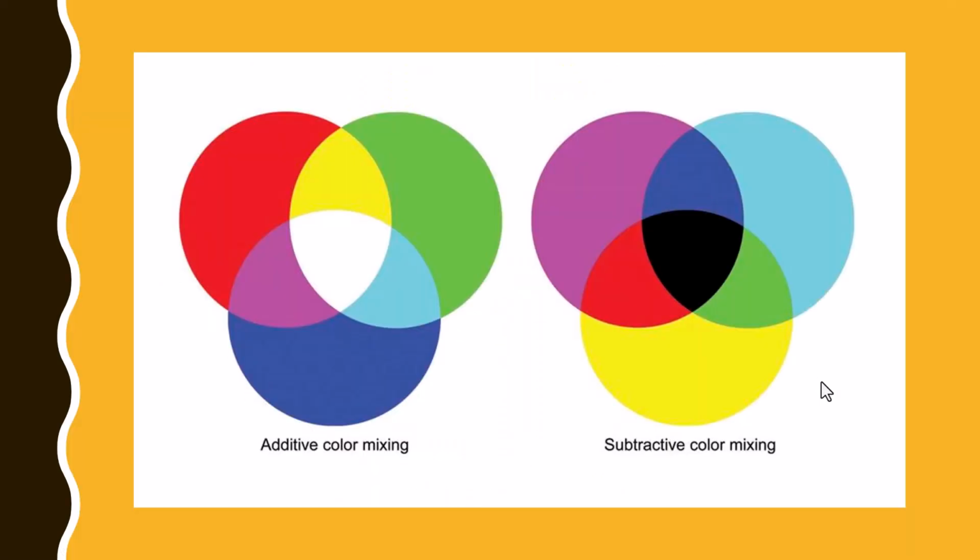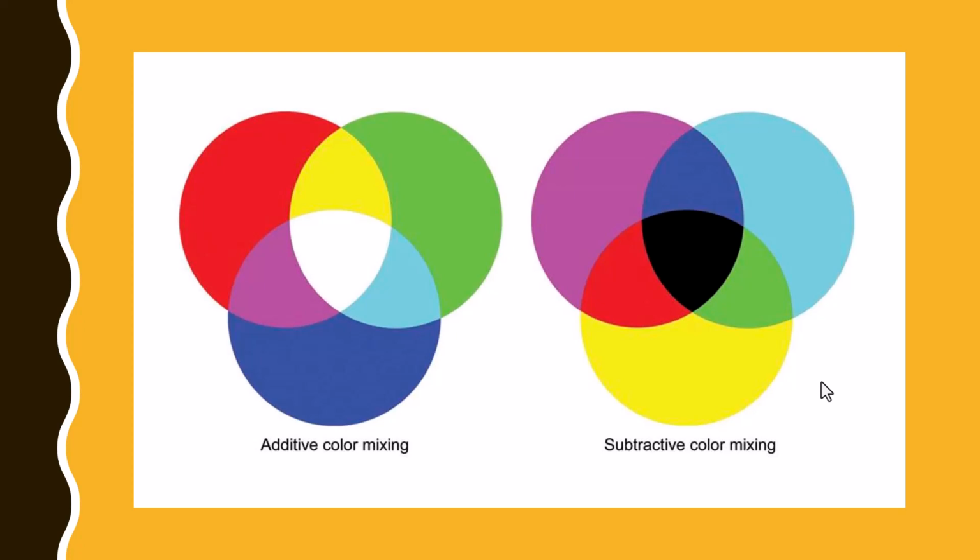With additive colors, which is what we use for screen, we project colored light. For LED screens and old picture tubes and your phone, you don't project all the colors, you project red, green, and blue. RGB.